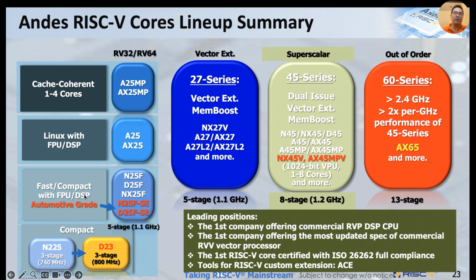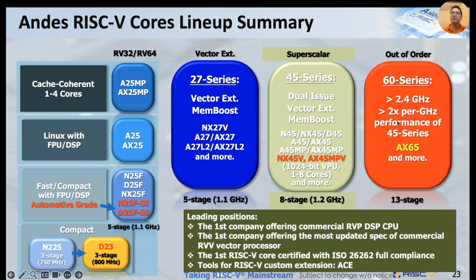And they support different features such as FPU, DSP, multiprocessor, and Linux capability. The 27 series has the MemBoost technology to enhance the memory performance. The 45 series has the superscalar dual issue microarchitecture. And we also have the powerful vector processors with NX27V and X45MPV.